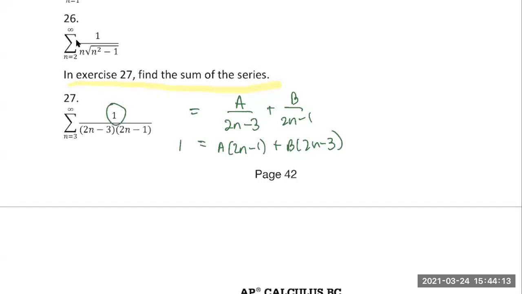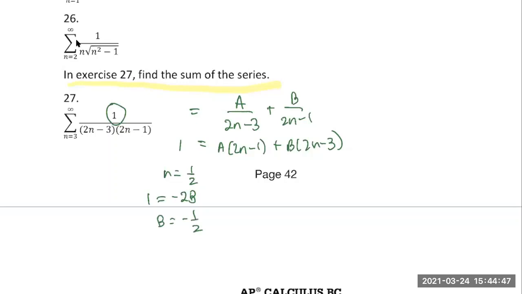As you do this, we can let n be equal to 1/2 for us to cancel out the A. If you let n equal 1/2, the A gets canceled out and you have 1 equals B times, 2 times 1/2 is 1, 1 minus 3 is -2. So -2B is equal to 1, and solving for B gives -1/2.